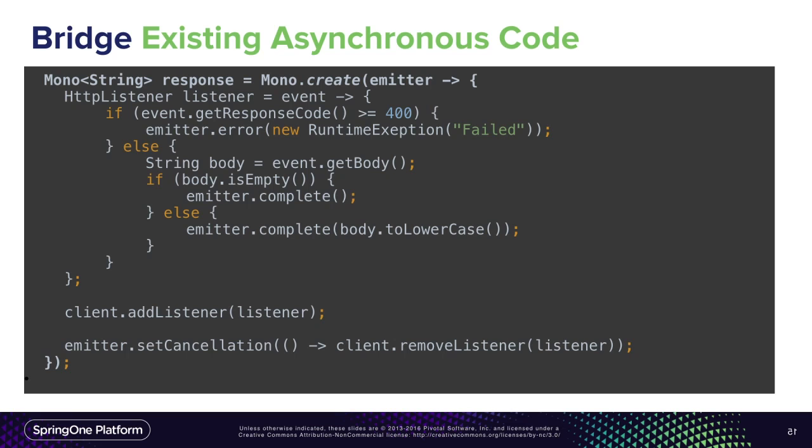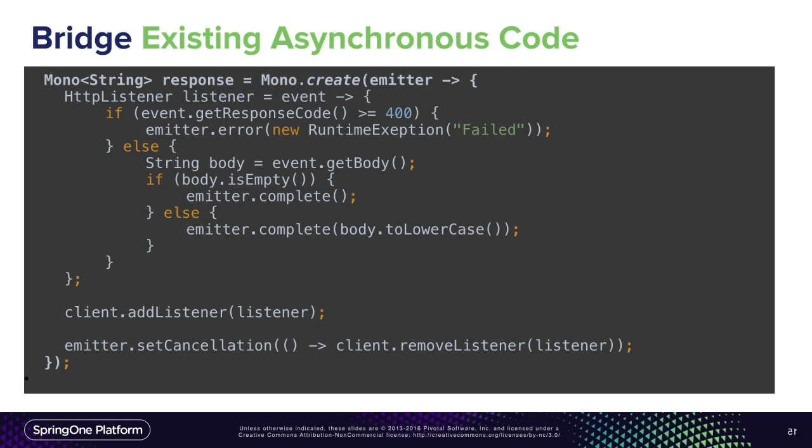This create operation, for instance, is quite interesting because, the HTTP listener is fictive, but you can actually register, you can create a Mono from arbitrary code. So it takes a callback, of course, that's a trade-off. But inside it, you will receive as a parameter, when someone subscribes to you, you will be called with this thing called emitter.